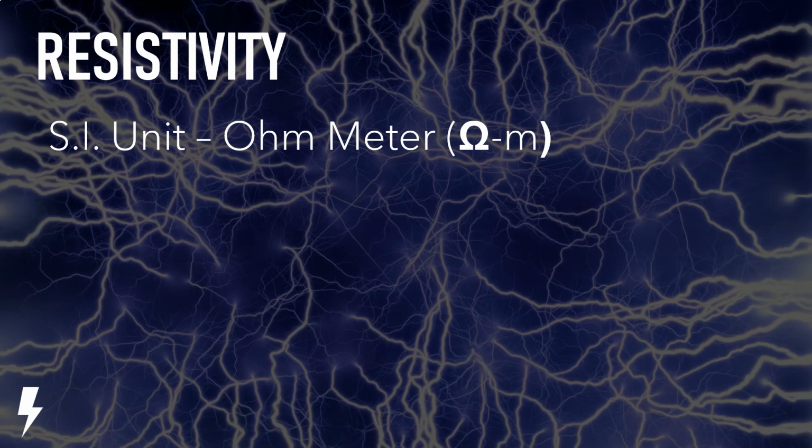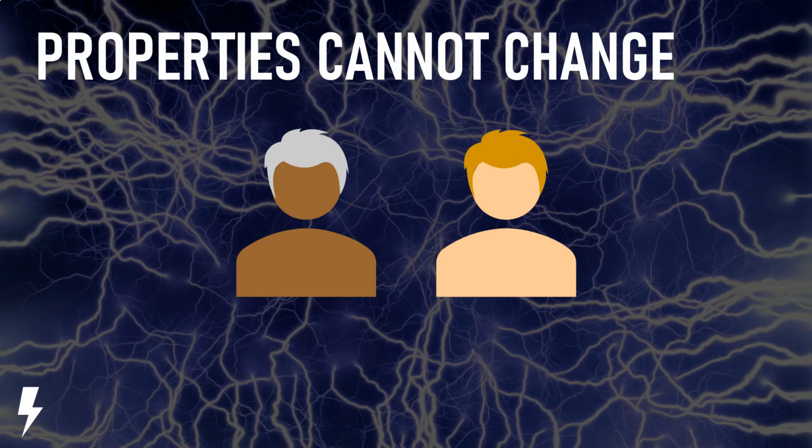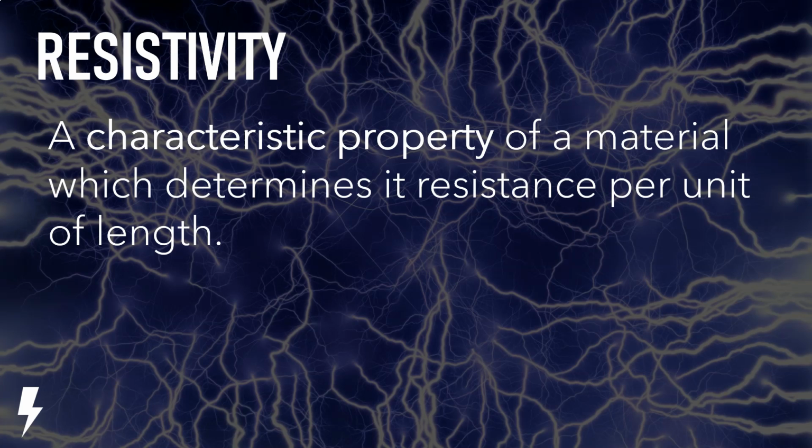The SI unit is ohm meter because resistivity measures the characteristic property of the ability to oppose current per unit of length and per unit of area. Suppose we have 3 meters of a nichrome wire. Nichrome is an alloy of nickel, chromium, and manganese.